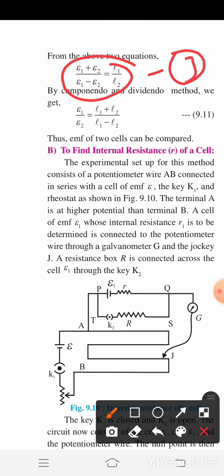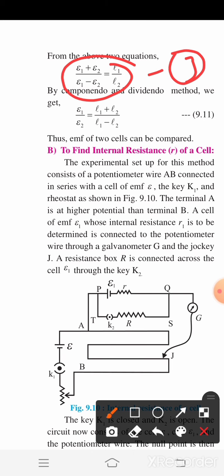That is, in the numerator we take the addition of numerator and denominator, and in place of the denominator we take the difference of numerator and denominator. That is, E1 plus E2 plus E1 minus E2 divided by E1 plus E2 minus E1 plus E2 is equal to L1 plus L2 divided by L1 minus L2.